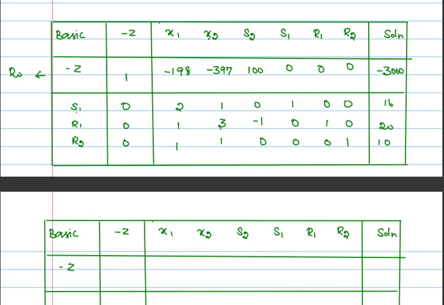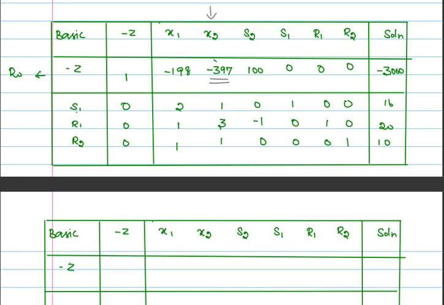To increase the z value, we choose the most negative number. Correct, this guy, x2, is the maximum negative number. So x2 is the new basic variable.